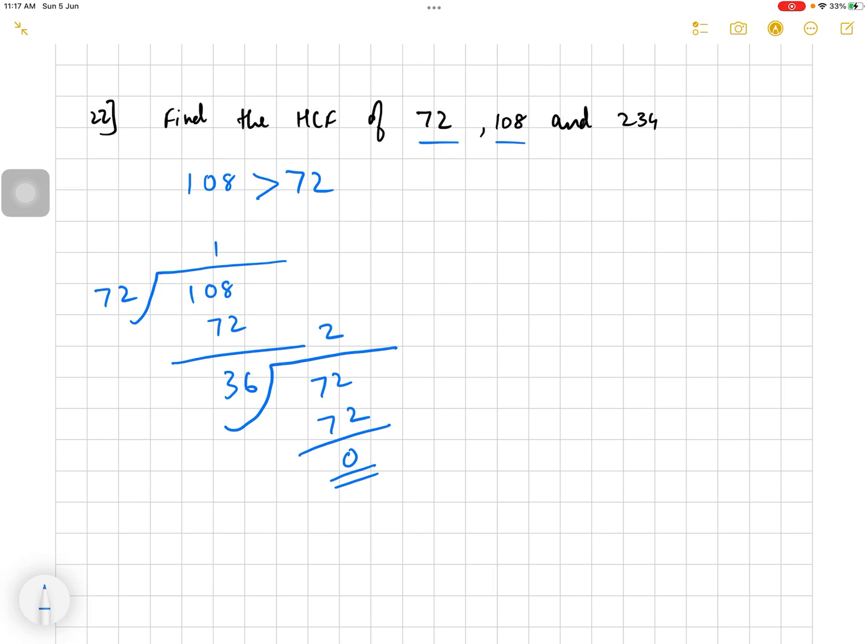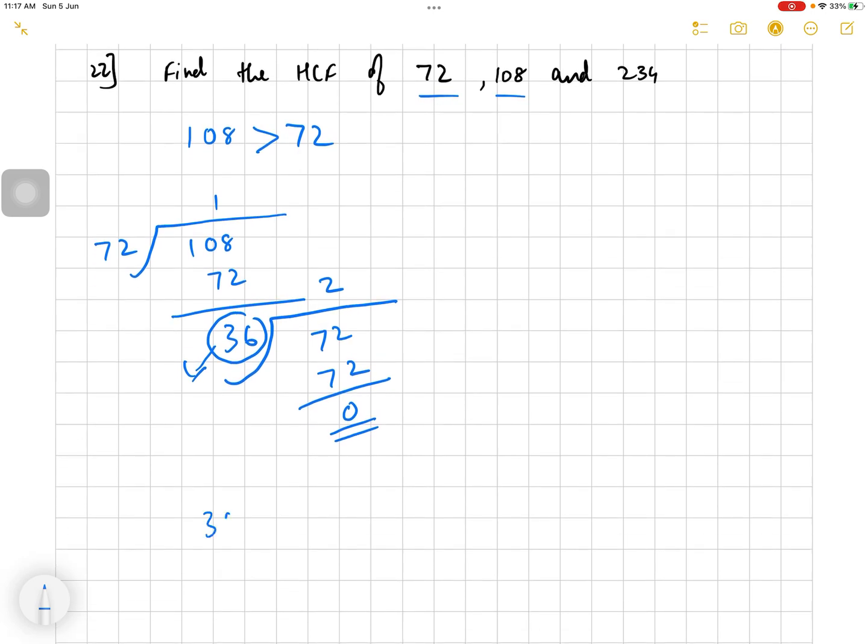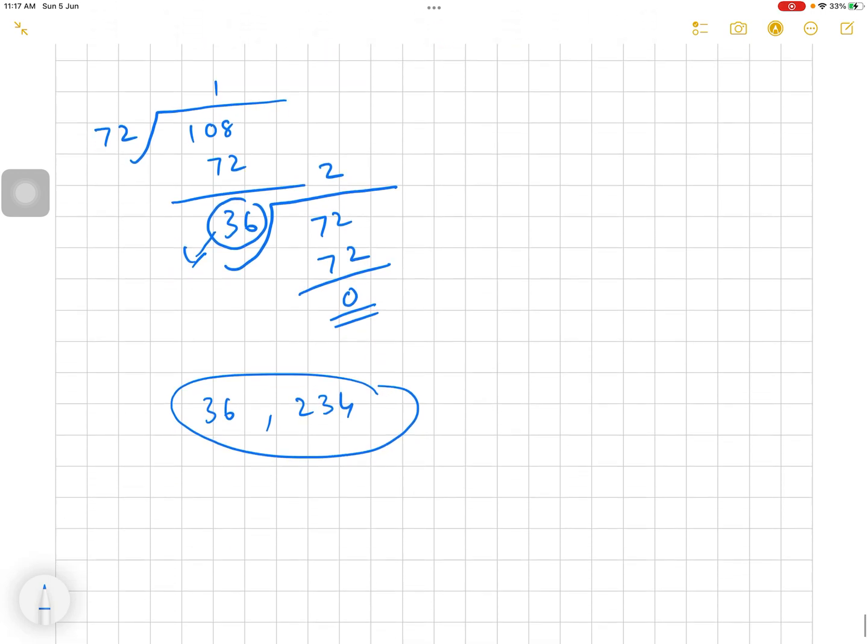Correct? Now I'll take this 36 and the third number, which is 234, and calculate the HCF between these 2 numbers.